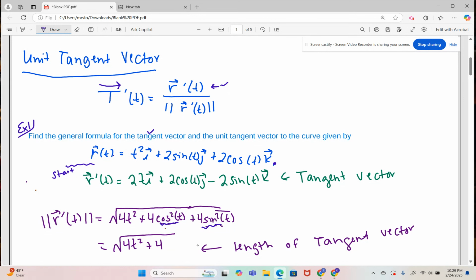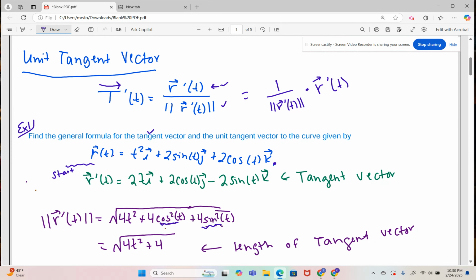Now we have the length of the tangent vector, so we have both pieces. Note that this could be written as 1 over the magnitude times the tangent vector.